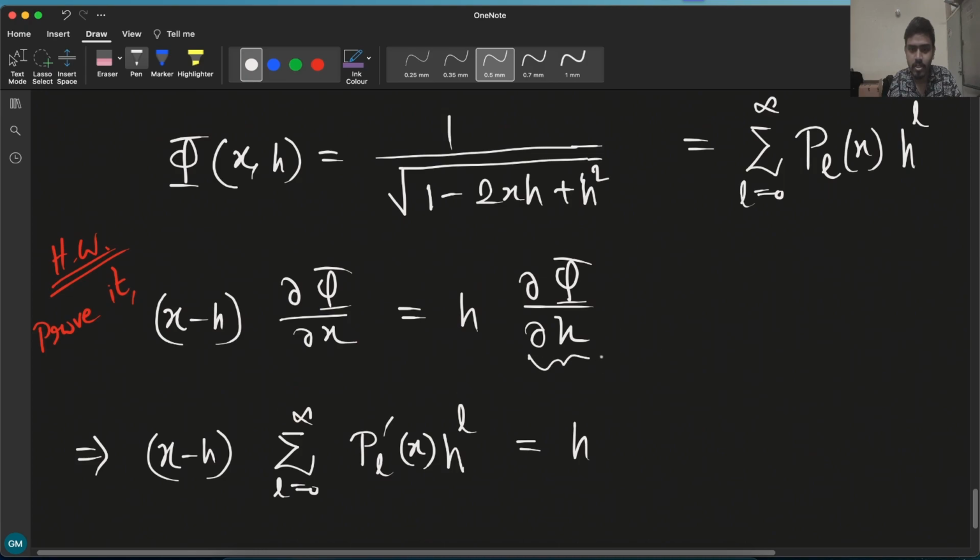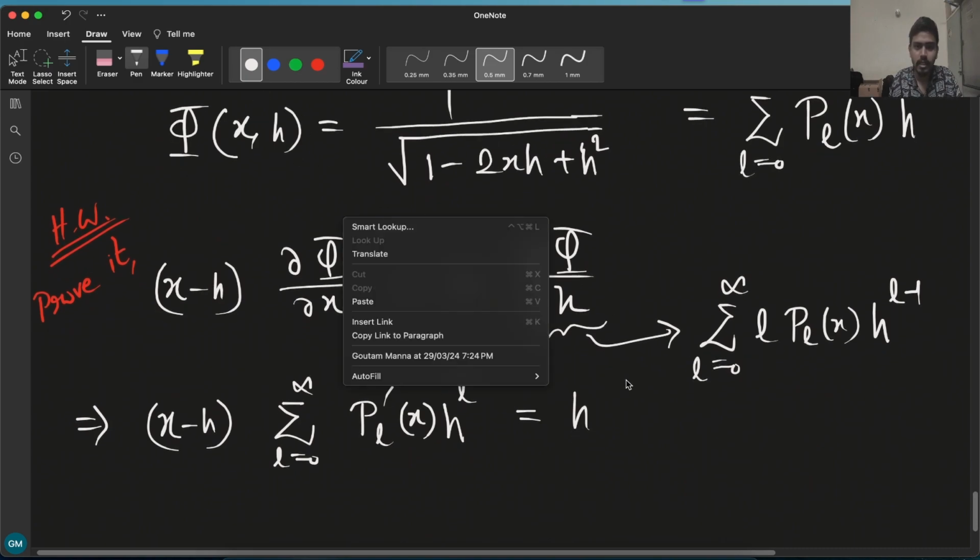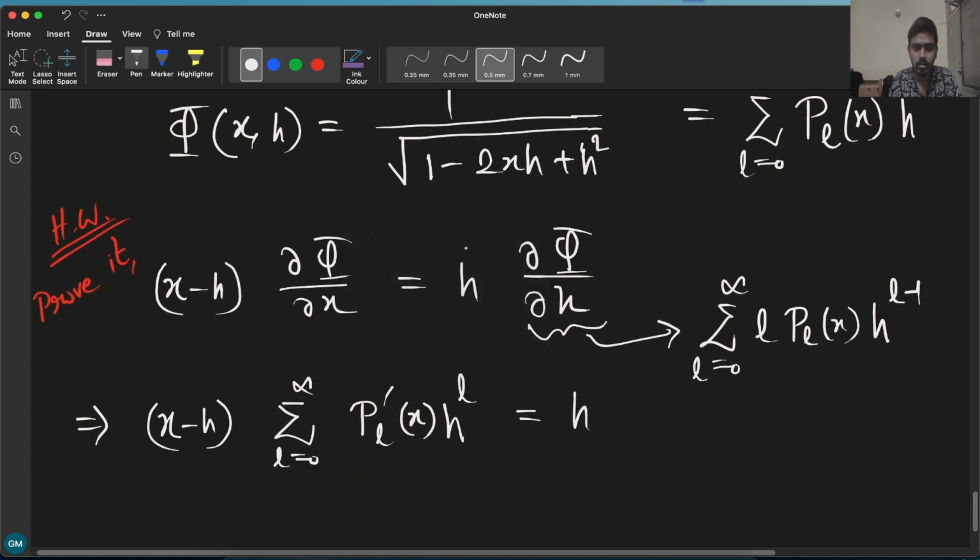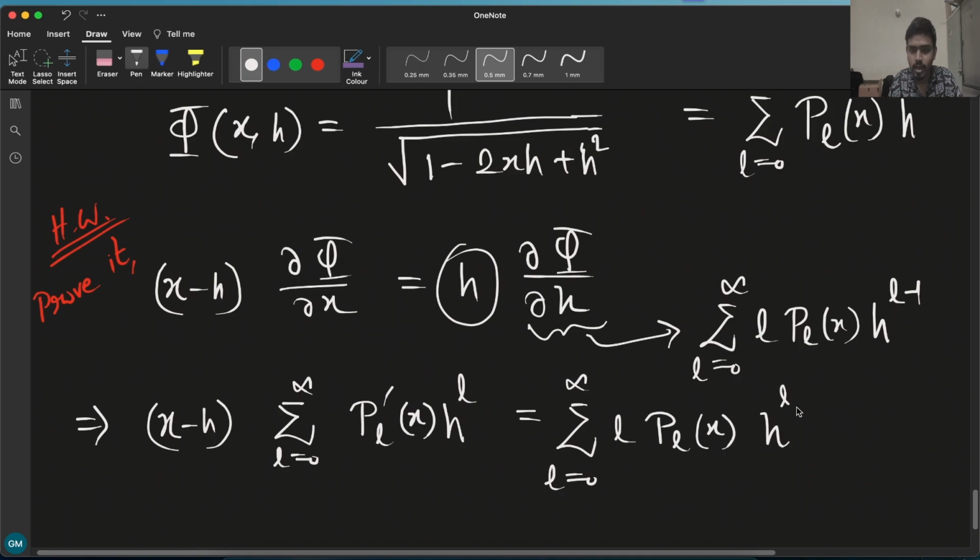We have already calculated del phi del h, that is L P_L(x) times h to the power L minus 1, summed over L equals 0 to infinity. And there is h multiplied with it, so the whole term will be the sum over L equals 0 to infinity of L P_L(x) h to the power L.